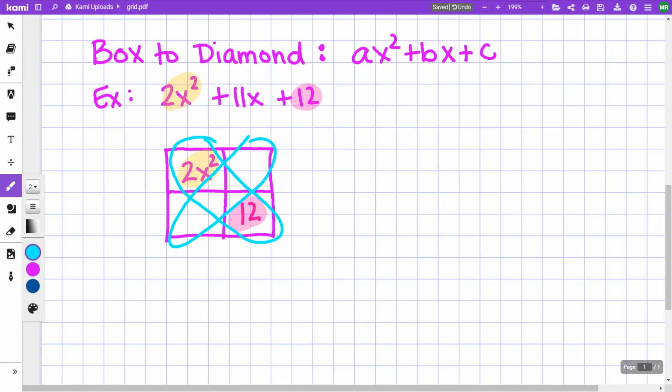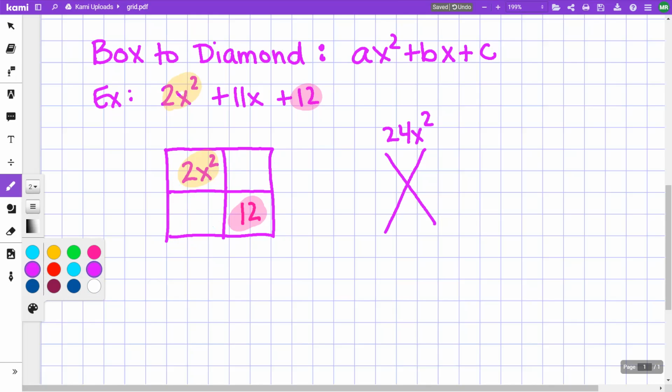So I'm going to end up with a diamond where I have 24x squared as my product, and my sum, let me just get rid of these diagonals for a second, is going to be this 11x.